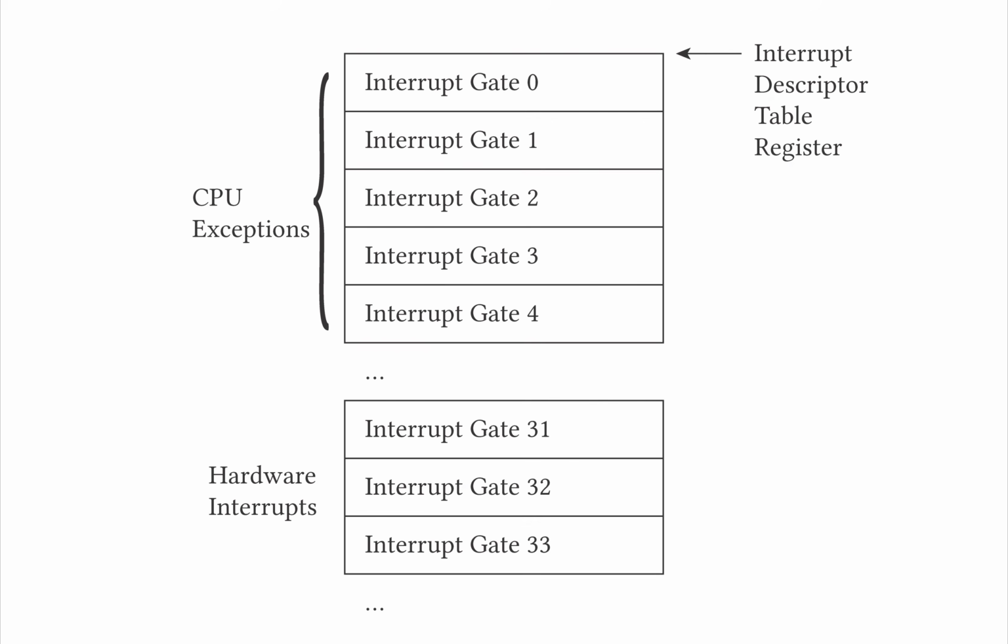Why do we need to remap the PIC? Well, what I said before, when we first started with this diagram, is that the first 32 interrupt gates are reserved for CPU exceptions, and all the gates above that are for hardware interrupts.